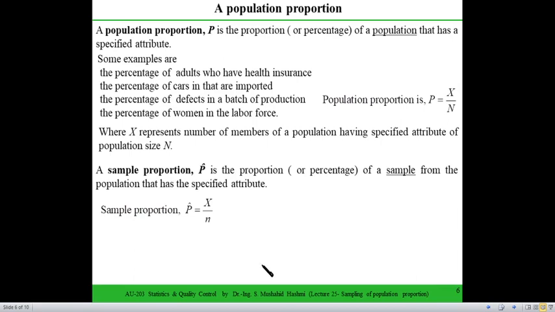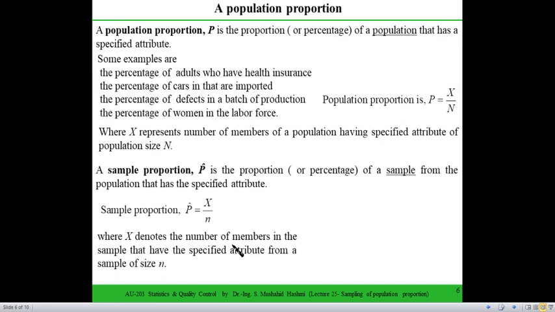For example, the sample proportion could be any number out of the sample size of small n. We use small n to represent the sample size and capital N to represent the population size, where X denotes the number of items or members in the sample that have a particular attribute, with sample size n taken from a population size of capital N. That is called the sample proportion.